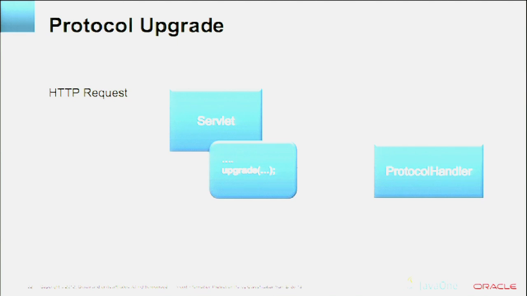If it decides to upgrade, then it should call a certain upgrade API. And when it is done, eventually it will delegate all the new work to another class called the protocol handler. And that is what we try to achieve in Servlet 3.1. Now we are going to take a closer look at exactly what this upgrade API is and what this protocol handler looks like.